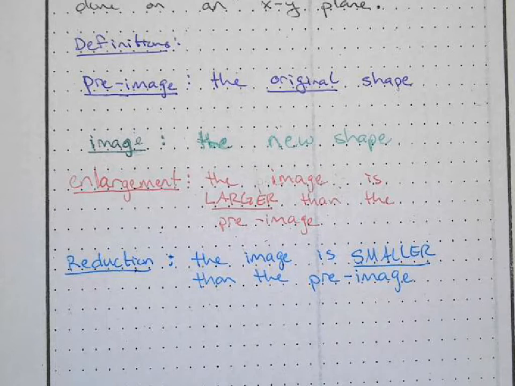So we have a preimage, it's our original shape. We have our image, that's going to be the new shape. And then we have an enlargement, and that's where the image is larger than the pre-image. And we have reduction, where the image is smaller than the pre-image. So the definitions we're going to be working with. And then here's how we can perform or talk about scale factors of a dilation.